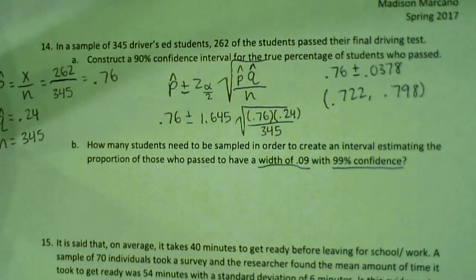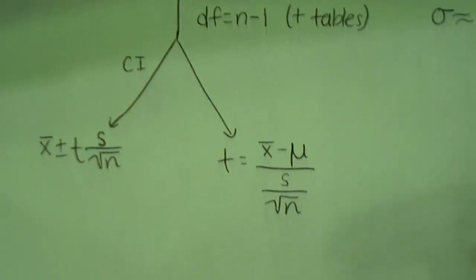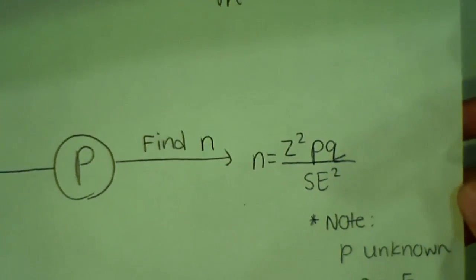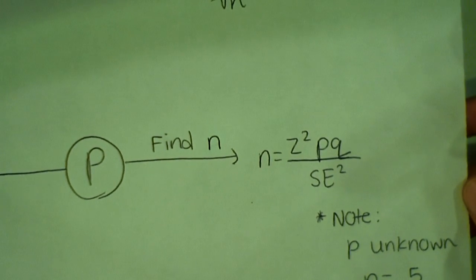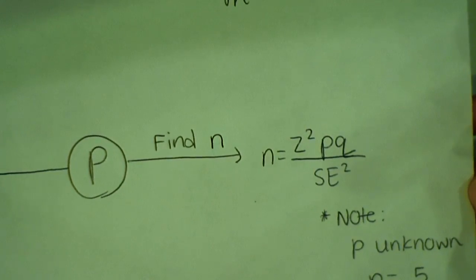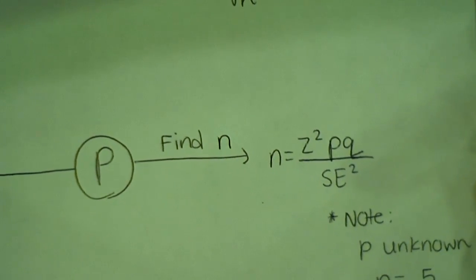We know we want to find how many students, so we're looking for the sample size. So our formula should be right here: n equals z squared times p times q over the sampling error squared.